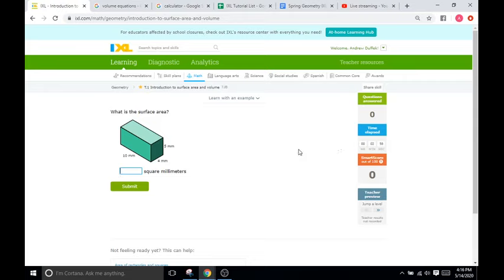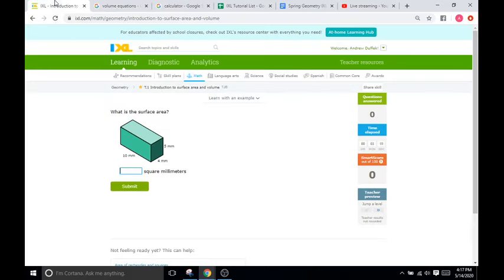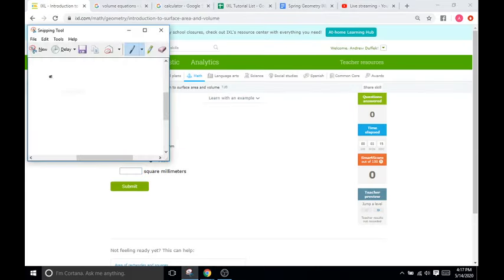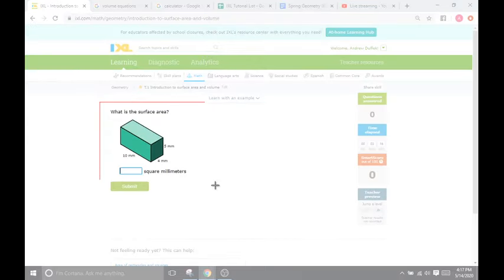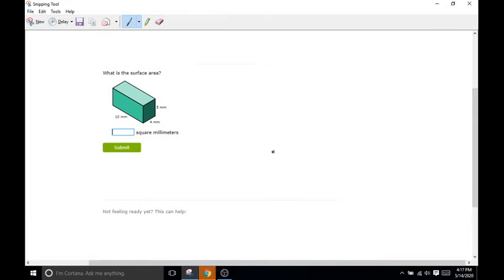So let me start with surface area. There are fancy equations for surface area. You can go on Google and find them. I just Googled volume equations and all these came up, but you can find some pretty fancy surface area ones. I wouldn't encourage that. What I would do is just understand that surface area is just the area of every face on the shape.